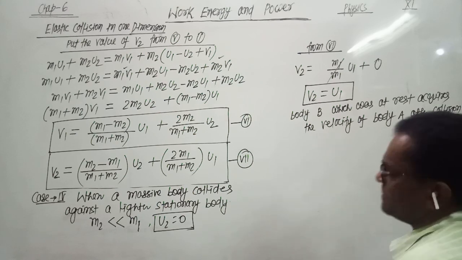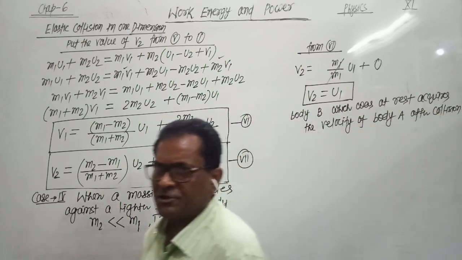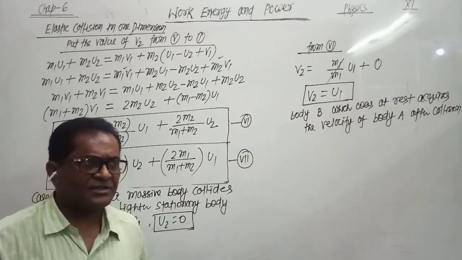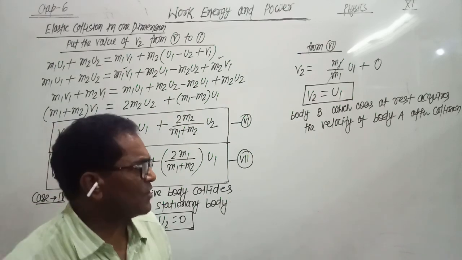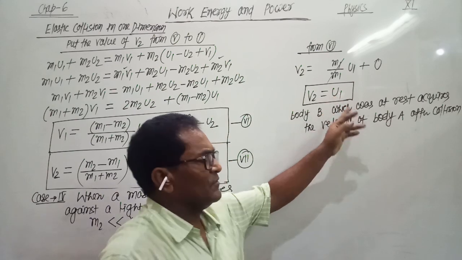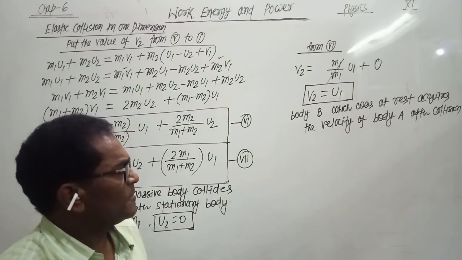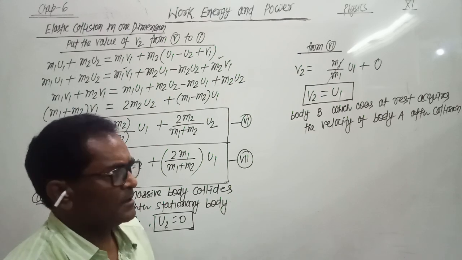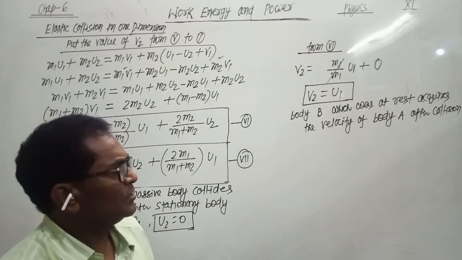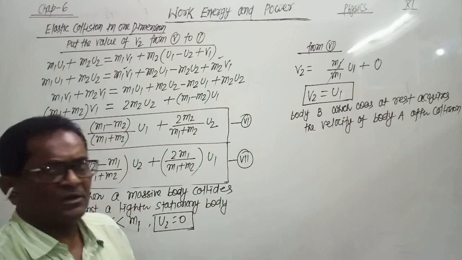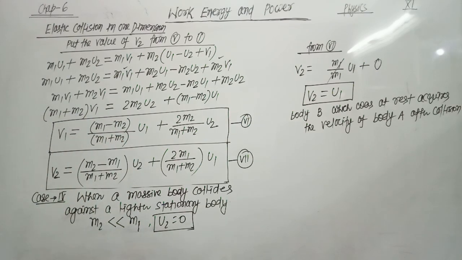After collision, V2 equals U1. The body B which was at rest started moving in the forward direction with the speed equal to U1. Means body A and B interchange their velocity.